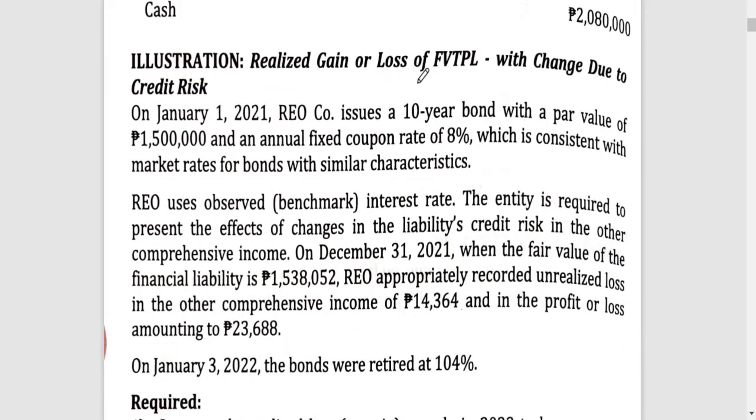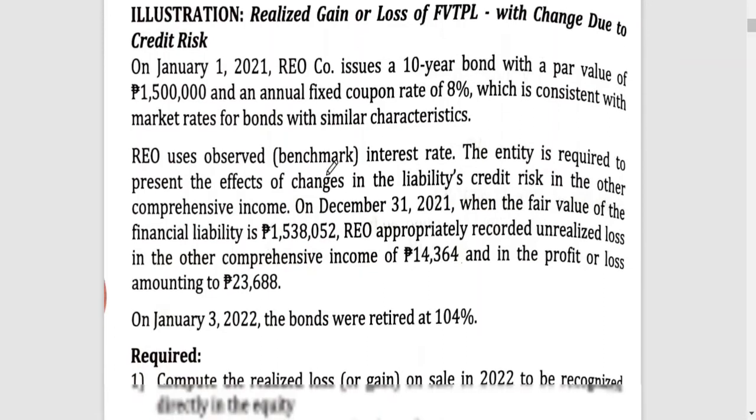Okay, realized gain or loss of FVTPL with change due to credit risk. On January 1, 2021, REO Company issues a 10-year bond with par value of 1,500,000 with a coupon rate of 8%. REO uses the observed interest rate. The entity is required to present the effects of changes in the liability's credit risk in the other comprehensive income.